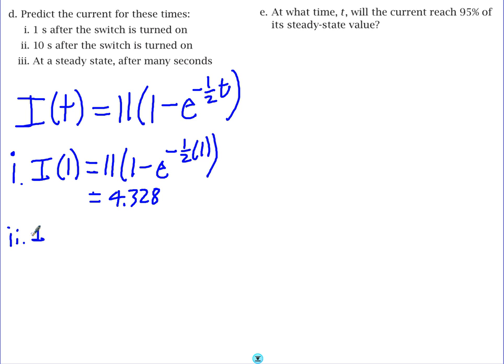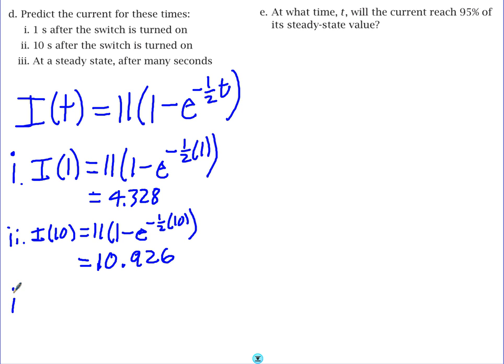For 10 seconds, we're going to do the same thing, times 10, that's going to be 10.926 about.